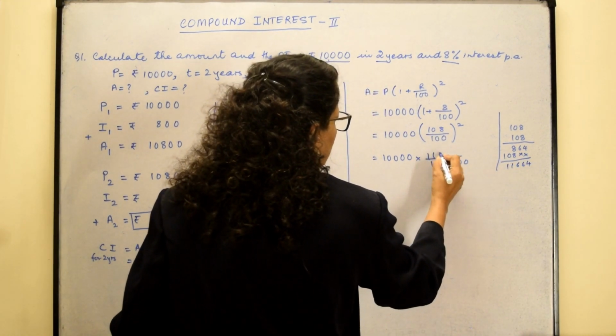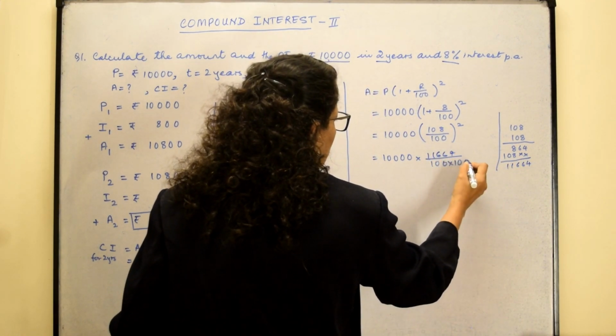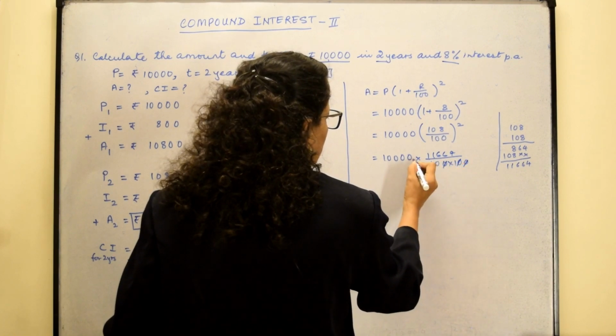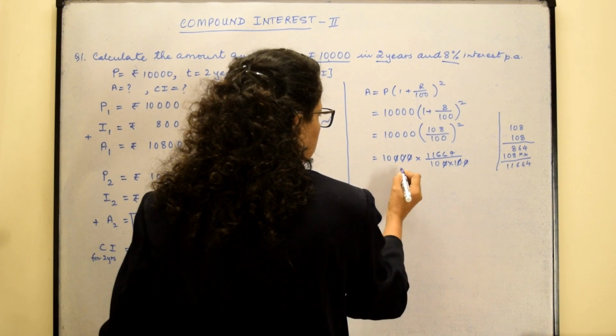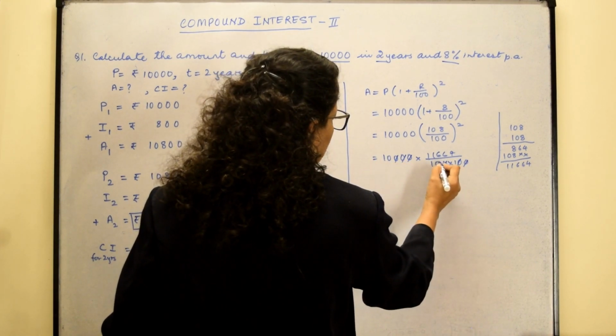So you see it is the same number we are getting whether you use the earlier method, 10,000, 1, 2, 3, 4.